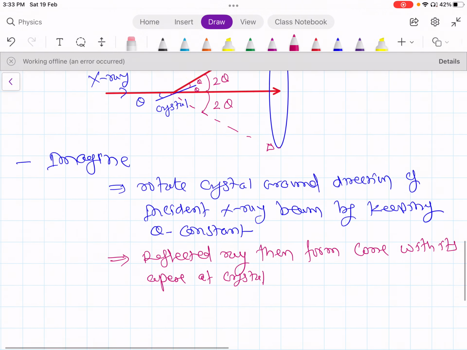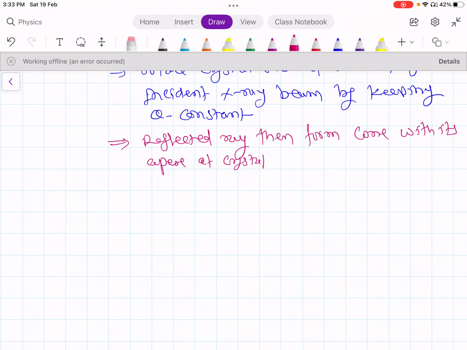But in our case, we have the powder sample. What we have here is powder sample. And in this powder sample, because of the grinding, there are millions of tiny crystals which have completely random orientation. Hence, let me write that.